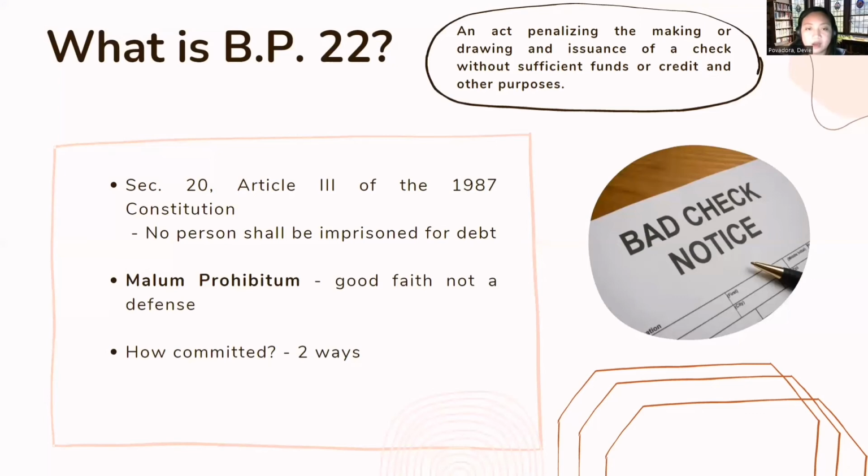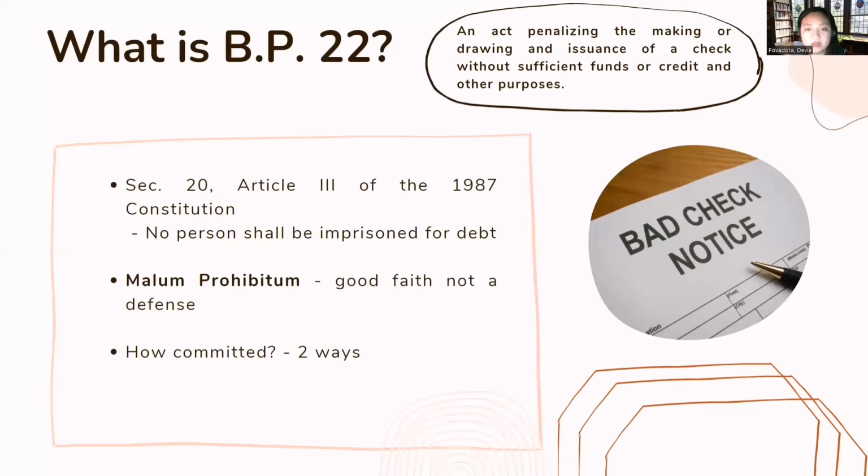The second manner how BP 22 is violated is committed when any person who has sufficient funds in or credit with the drawee bank at the time he makes or draws and issues a check, but fails to keep sufficient funds or maintain a credit to cover the full amount of the check if the check is presented within a period of 90 days from the date appearing on the check, for which reason it is dishonored by the drawee bank.